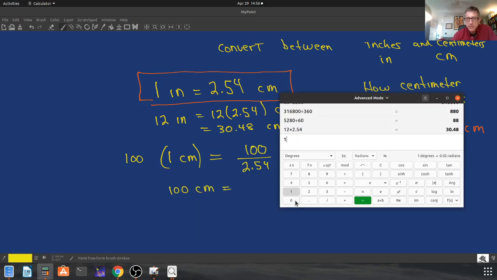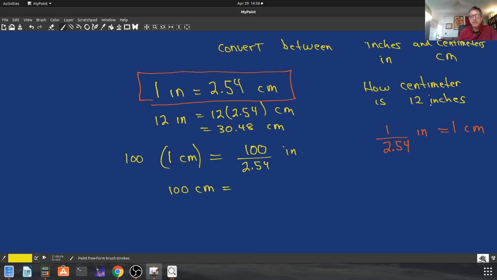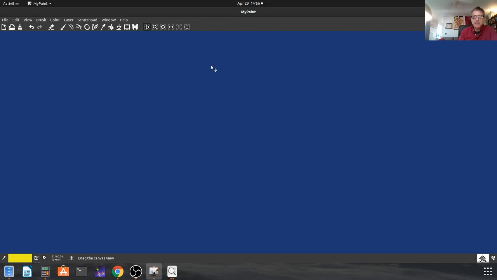It's going to be a little bit less than 50 divided by 2.54. Oh yeah, quite a bit less: 39.37. So that's pretty much a major application right there from algebra.